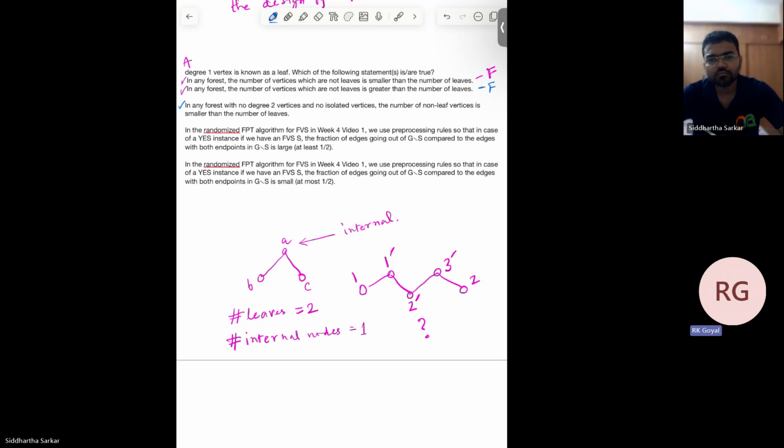If we do not have a vertex of the degree 2 and no isolated vertex, it shows that the tree cannot be a binary tree, because in the binary tree the degree of a vertex would be 3 rather than 2. So what is the meaning of the degree of the vertex being 2?